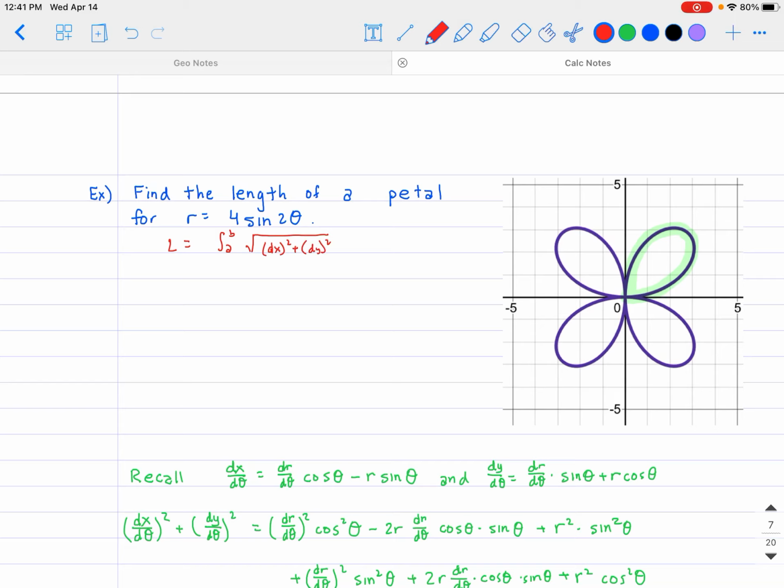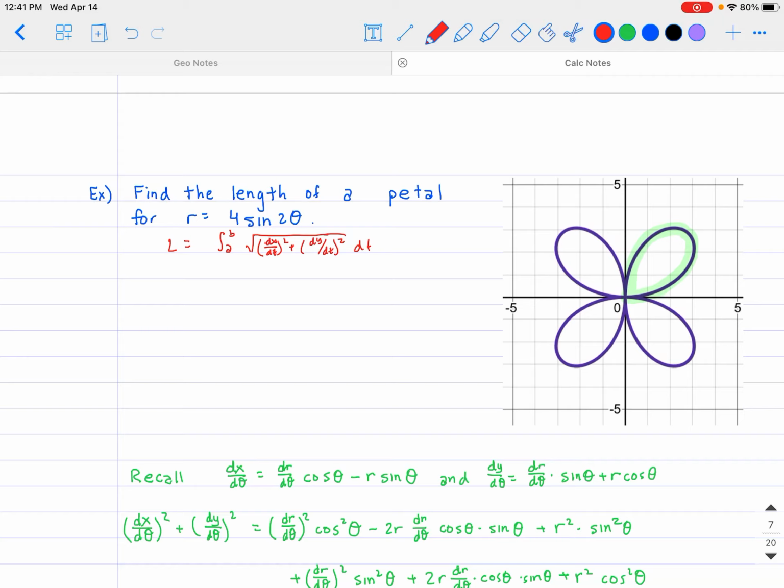Actually, I guess I should write the parametric form of this, just so that it can look a little bit more familiar. We said (dx/dt) quantity squared plus (dy/dt) quantity squared, and then multiply by dt. So right there, that's going to be our parametric equation.